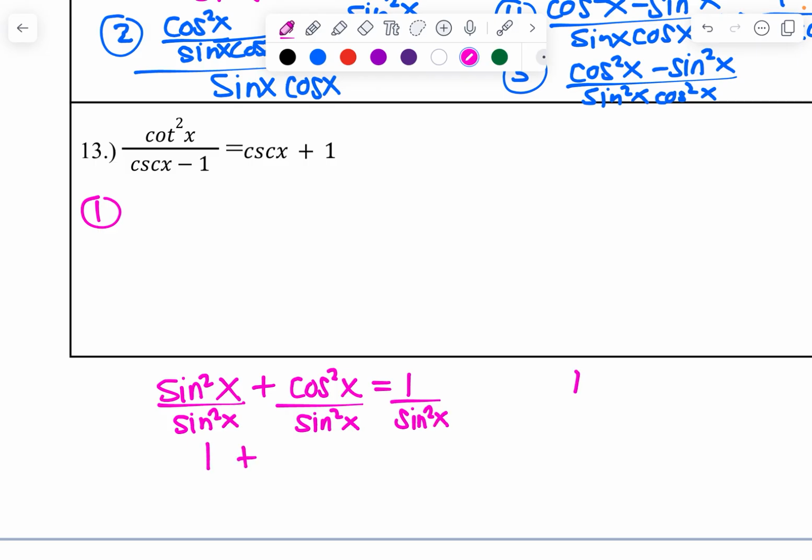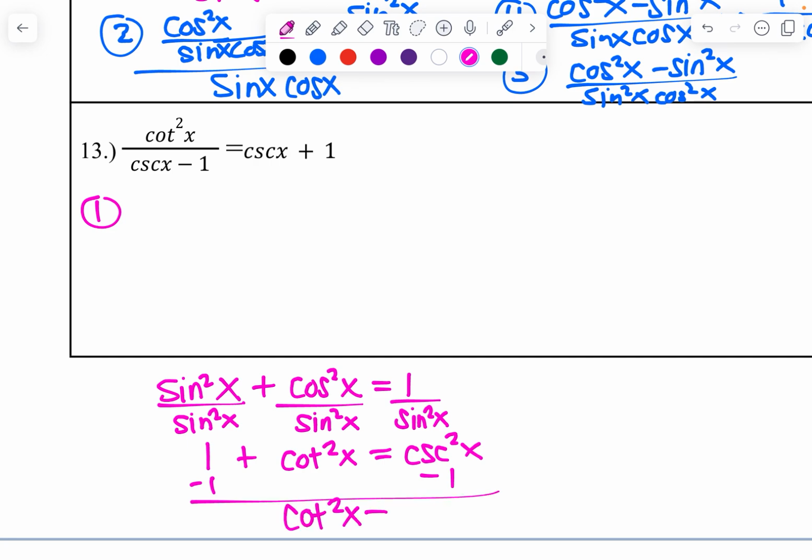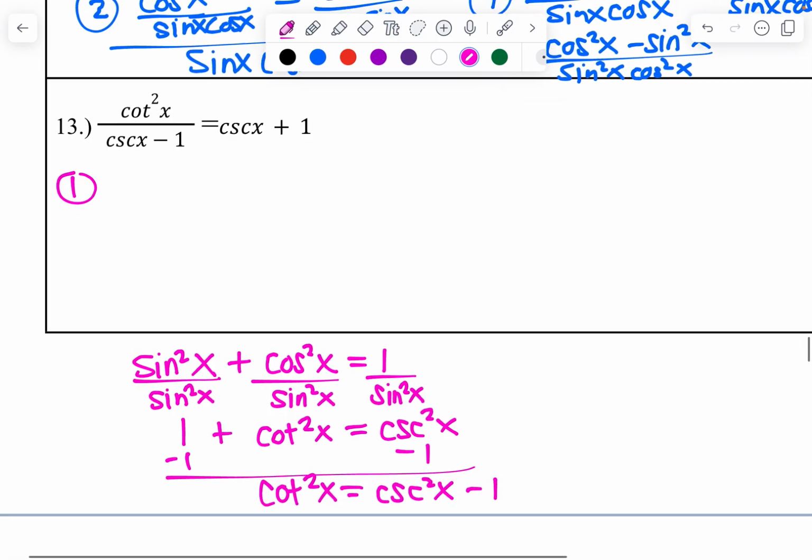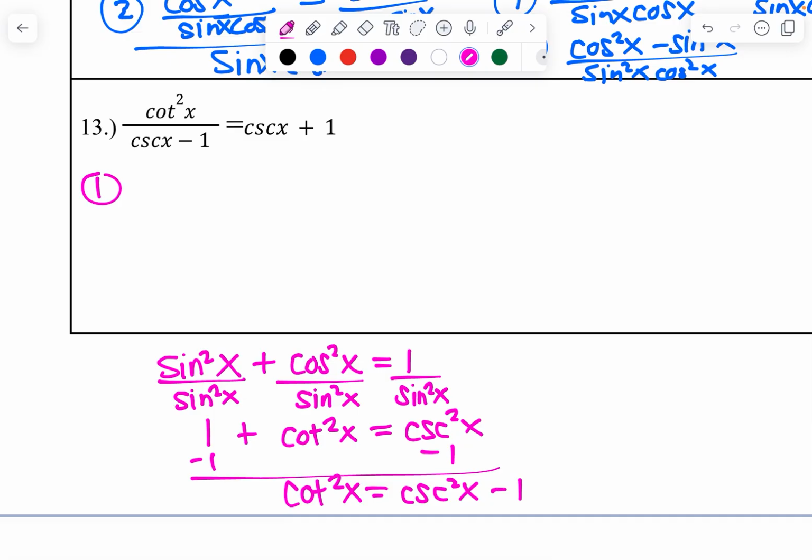So I have 1 plus cotangent squared of x equals the cosecant squared of x. And that's helpful because I can subtract the 1 over and have cotangent squared of x equals the cosecant squared of x minus 1, which means I could replace that cotangent squared of x in the top with cosecant squared x minus 1 over the cosecant of x minus 1.